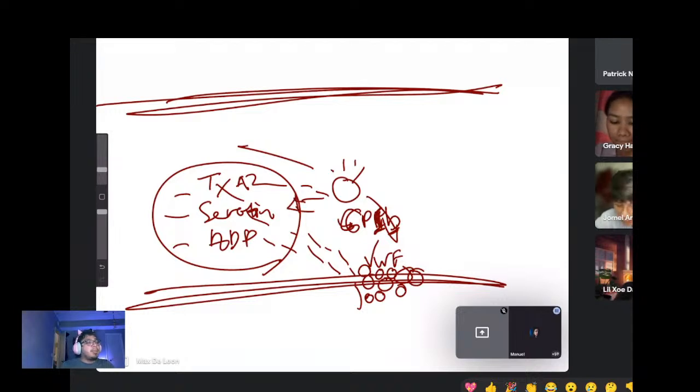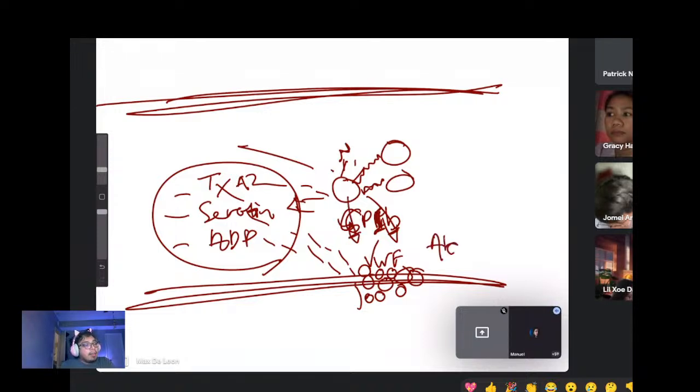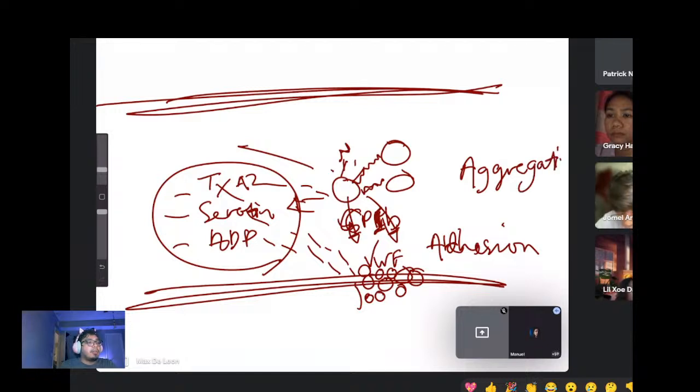Now, platelets bind together with other platelets, and this is what you call aggregation. The first phase, the initial platelet binding, is known as adhesion. When platelets bind with each other, this is known as aggregation.